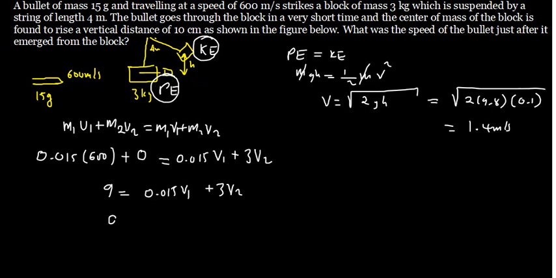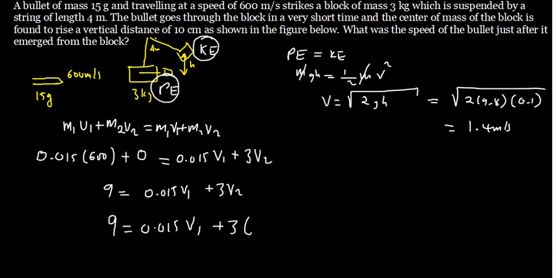So here now, 9 is going to be equal to 0.015 v1. This is the initial speed, the speed before it was hit by the bullet. Now this v1 here is the speed of the bullet after it emerges. Now I want v2, which is the speed of the block when it is hit.